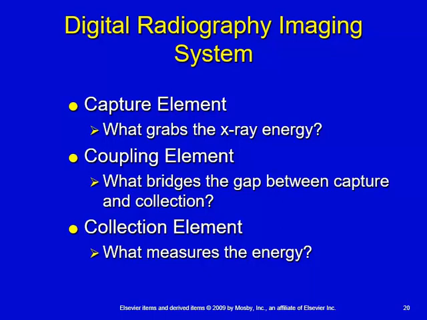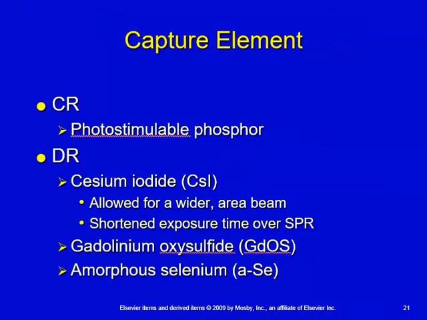The capture element in your indirect CR or indirect DR would be your cesium iodide. Your coupling element would be what bridges the gap between capture and collection, what measures the energy and gets it ready for processing. So your capture element is your photostimulable phosphor.